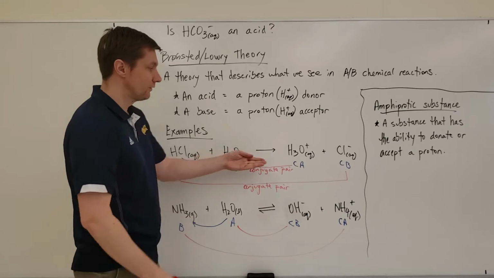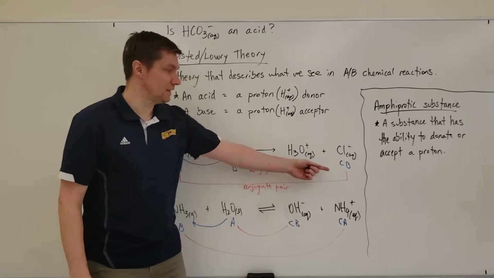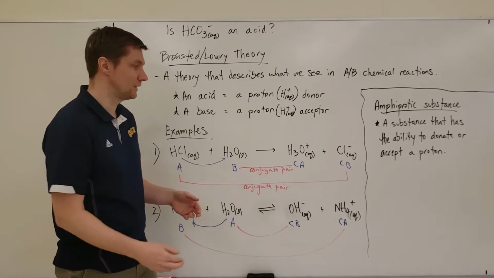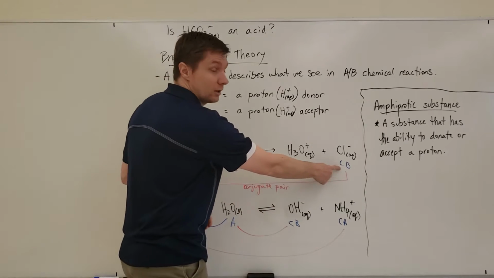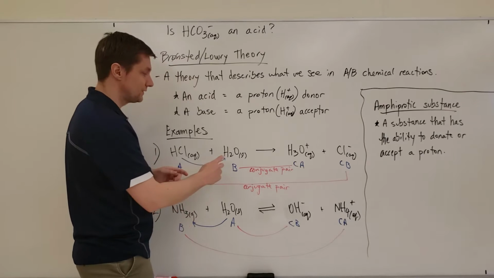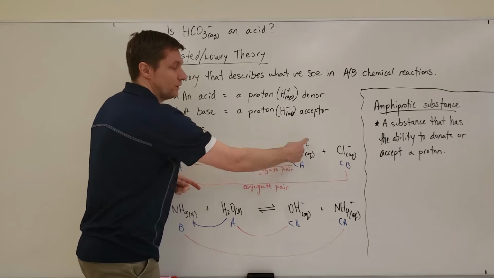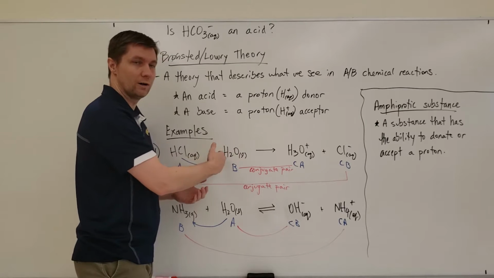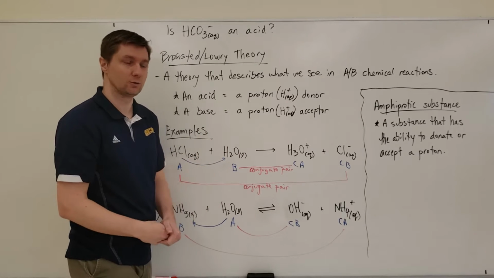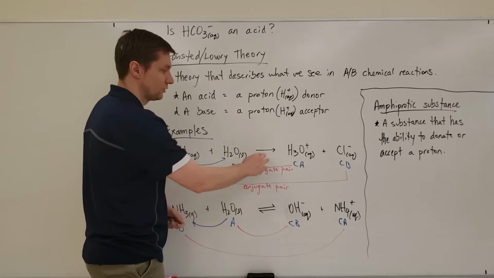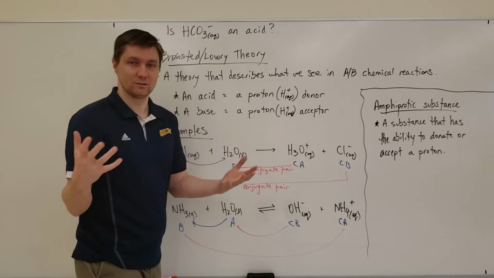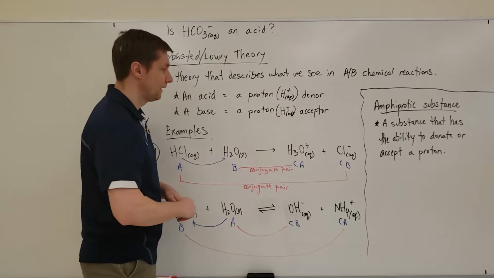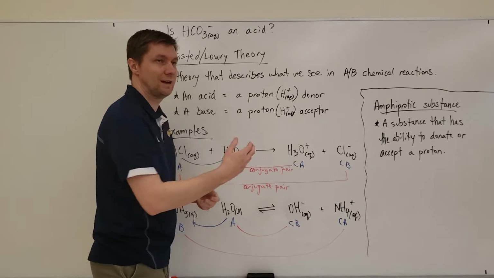Now you can also see over here on the other side, I've labeled this as Ca and Cb. All this means is that this is my conjugate acid and my conjugate base. You can see that hydronium was produced as a direct result of water accepting the proton from the hydrochloric acid. So this base turns into an acid type of compound, and we call it a conjugate acid.